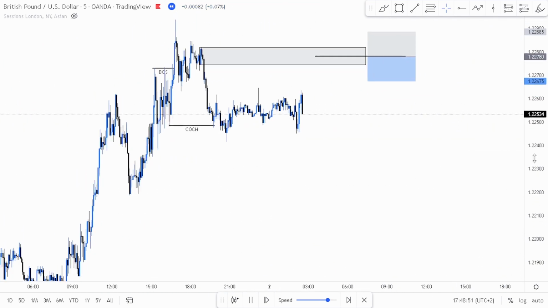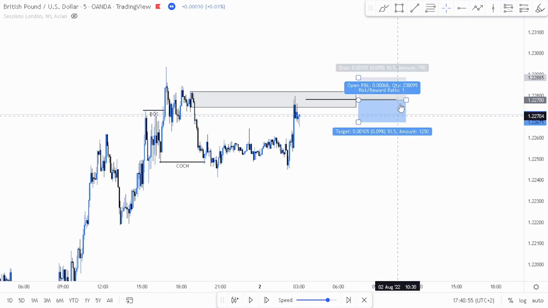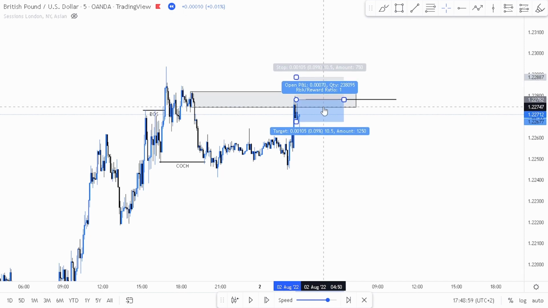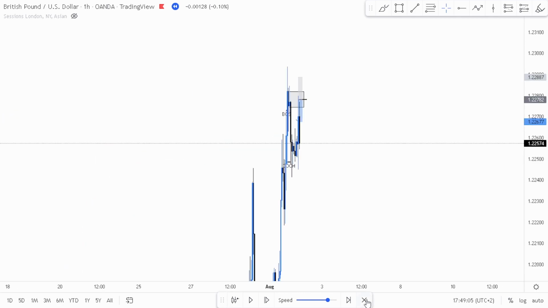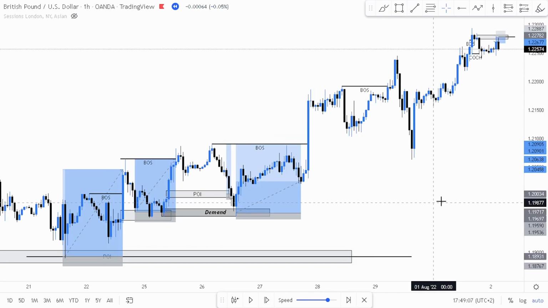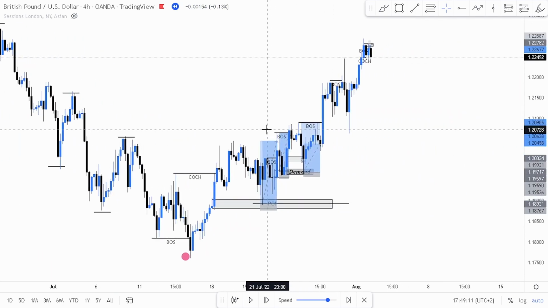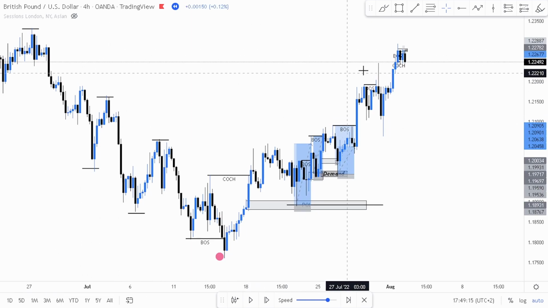And boom, we are triggered into our trade right over here. Now on the 1 hour or the 4 hour time frame, you have to realize that this trade that we are taking right over here, it is due to this level of supply.